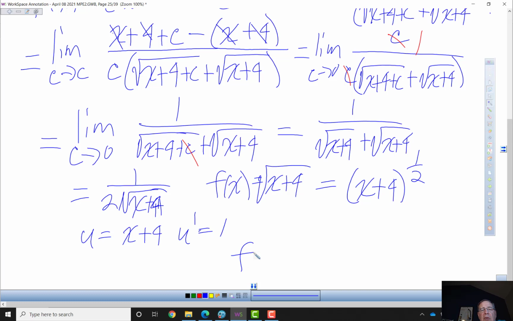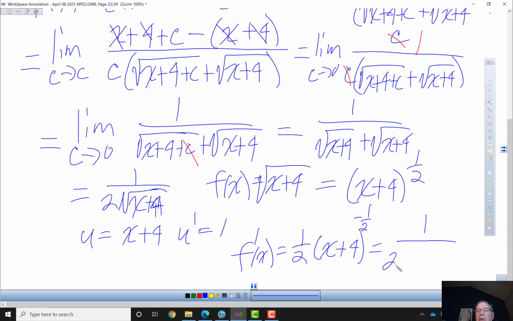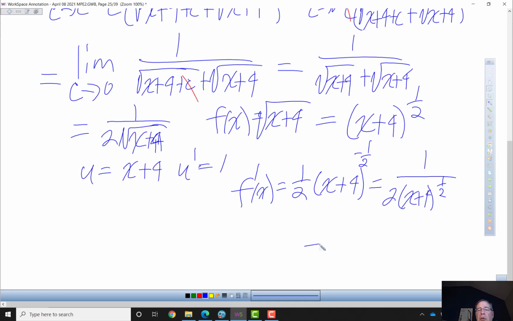So my derivative of f of x is going to be 1/2 times x plus 4, subtract 1 from this exponent, to the negative 1/2, times the 1, which we'll just leave out. So that's 1 over 2 times x plus 4 to the positive 1/2, which is exactly the same thing as 1 over 2 times the square root of x plus 4.